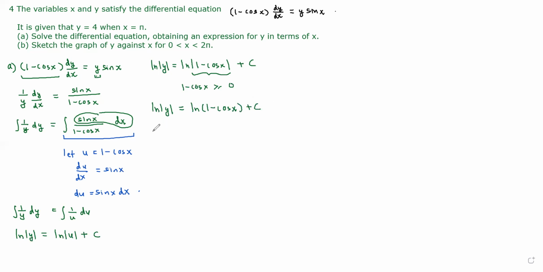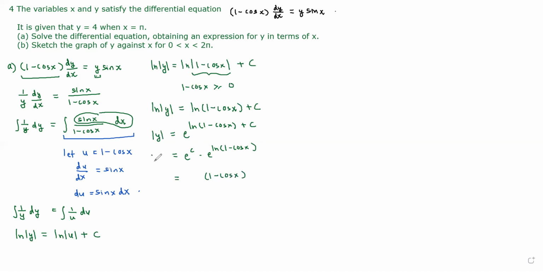Taking anti-log, we have |y| equals e^(ln(1 - cos x) + c). Using the law of exponents, we can write this as e^c times e^(ln(1 - cos x)). e^(ln(1 - cos x)) is just 1 - cos x.